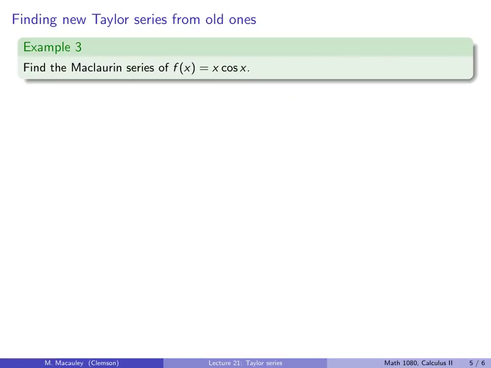So recall that cosine of x is 1 minus x squared over 2 factorial plus x to the 4th over 4 factorial minus x to the 6th over 6 factorial plus x to the 8th over 8 factorial minus x to the 10th over 10 factorial, plus and minus and so forth.